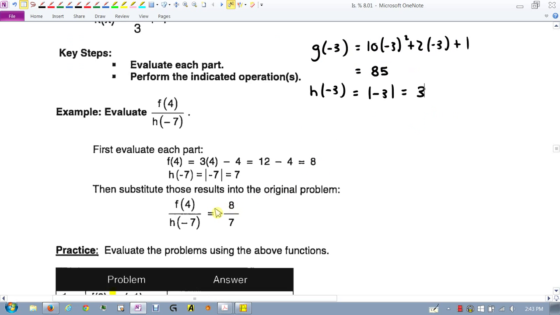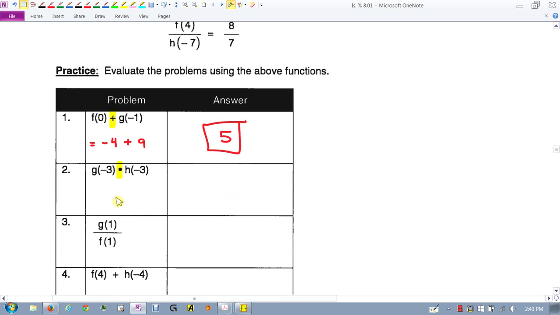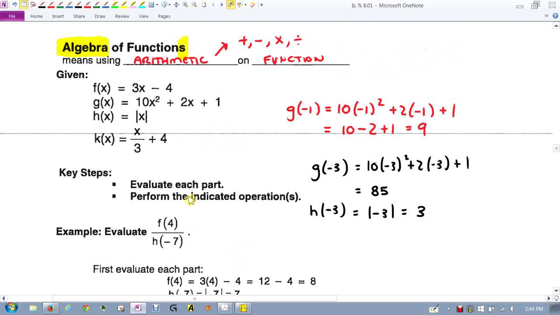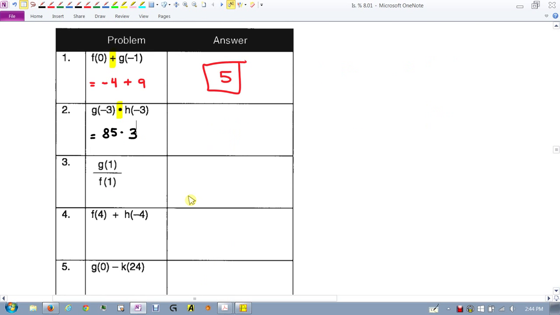Now let me come down and answer this. G of negative 3 was, I already forgot. What was it? 85, okay. And then times the next one, which was 3. Was it? Yeah, 3. So what is that? 255.